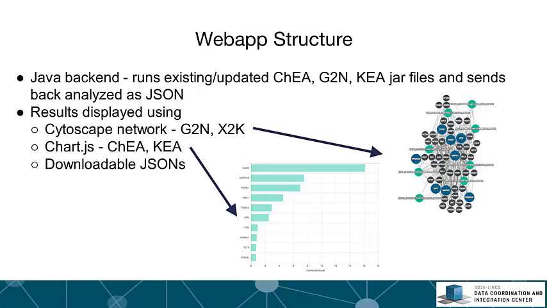Then it gets sent back, and it's visualized directly in the browser using Cytoscape for genes to networks as well as the X2K pipeline, which looks nice and is draggable, and Chart.js for the various graphs for the ChEA and KEA results. And you can also download the results yourself if you want to analyze them offline and take a look at what's going on there.